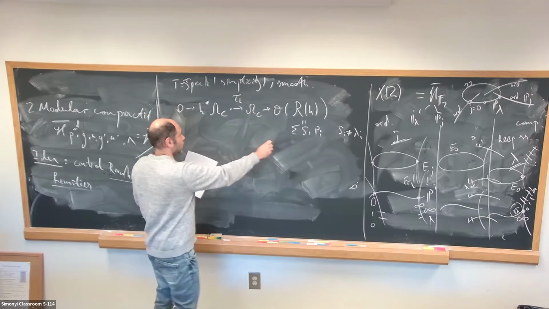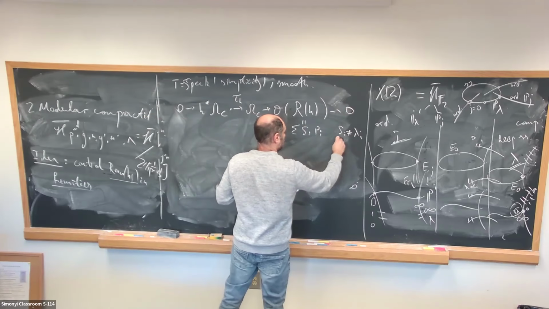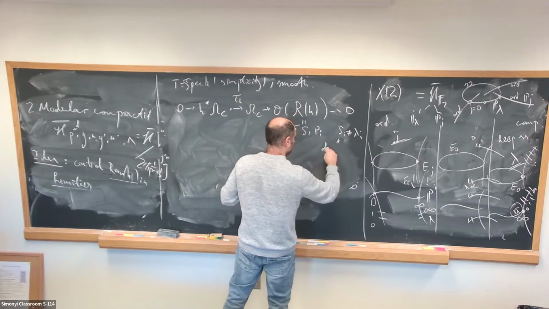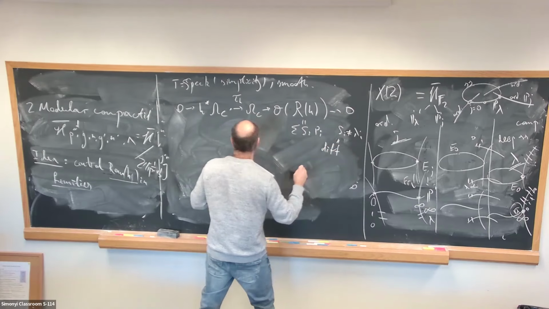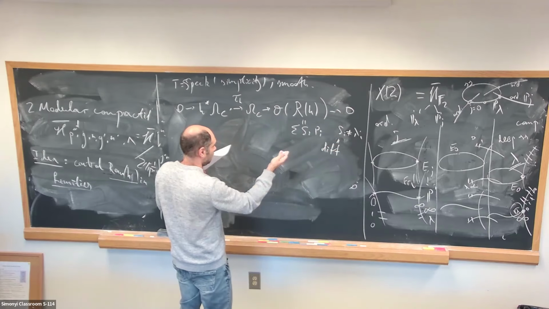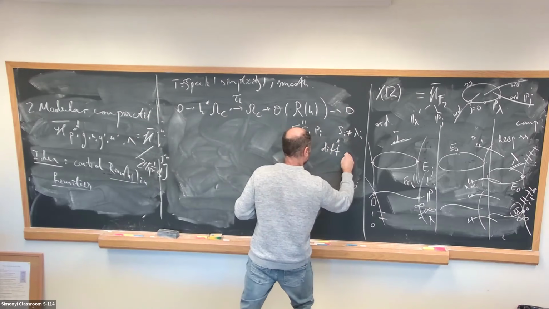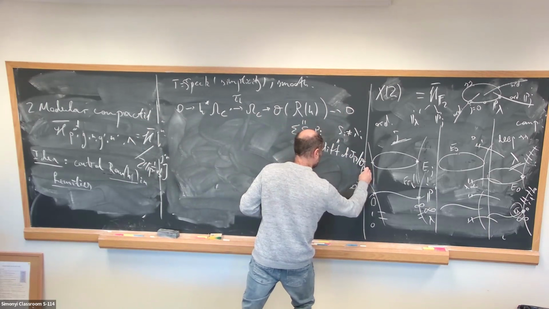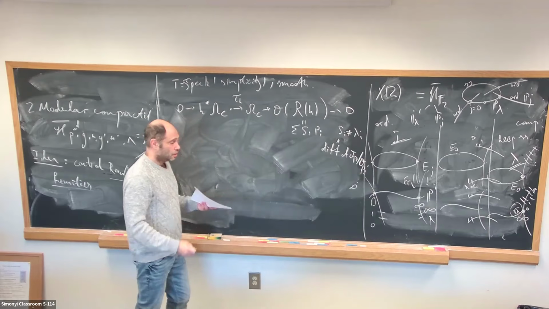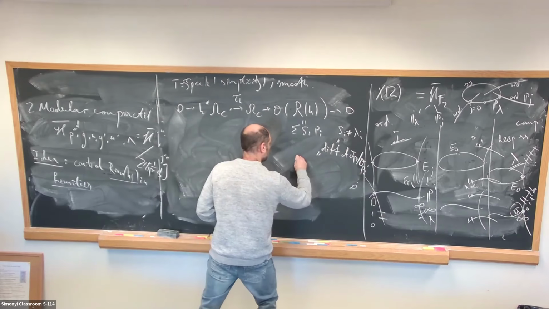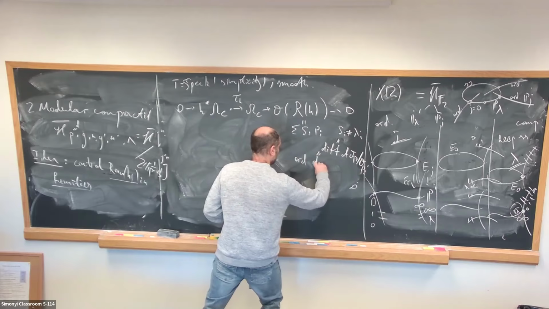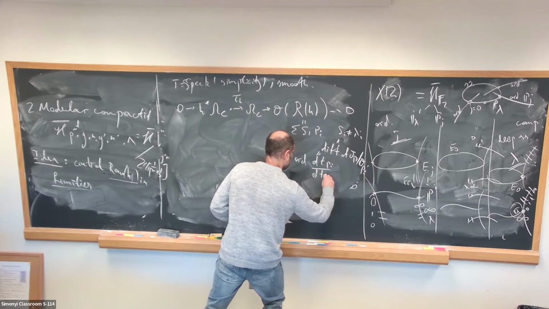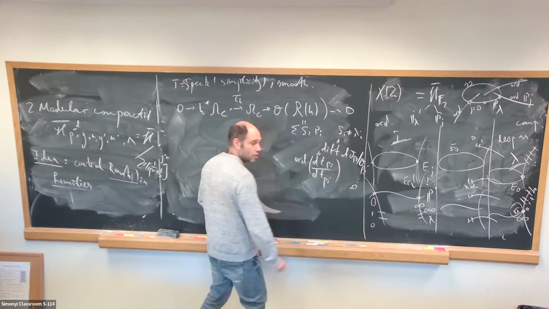So delta I were different: the order of vanishing of d t_i over d t_i prime.